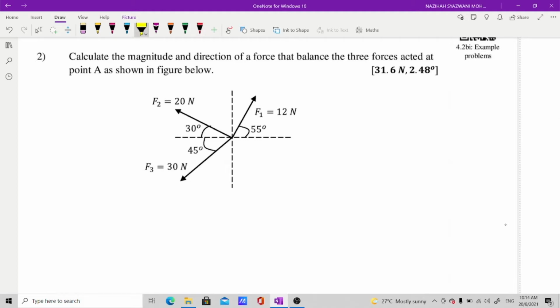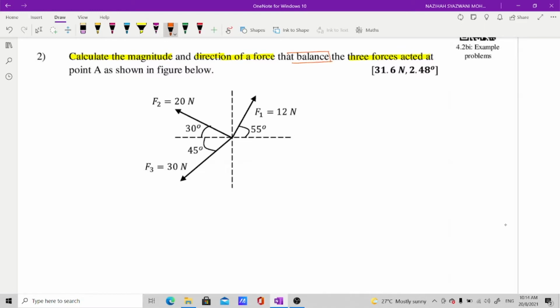So they ask you to calculate the magnitude and direction of a force that balances the three forces acting at point A. The key word here would be balance.